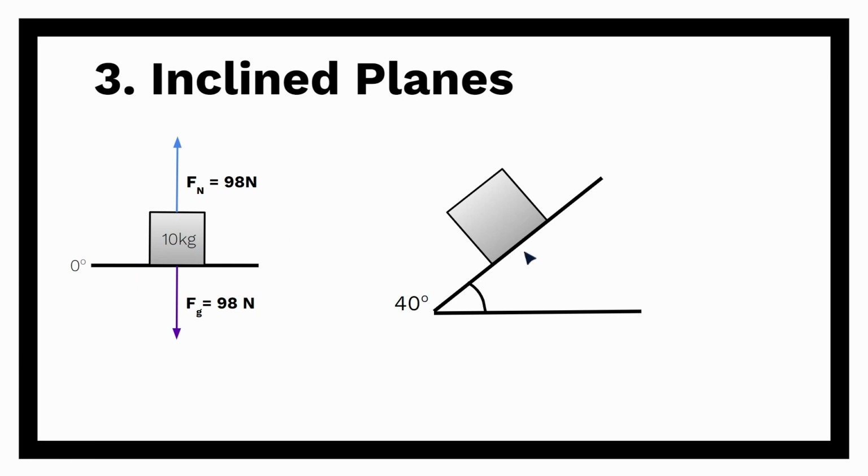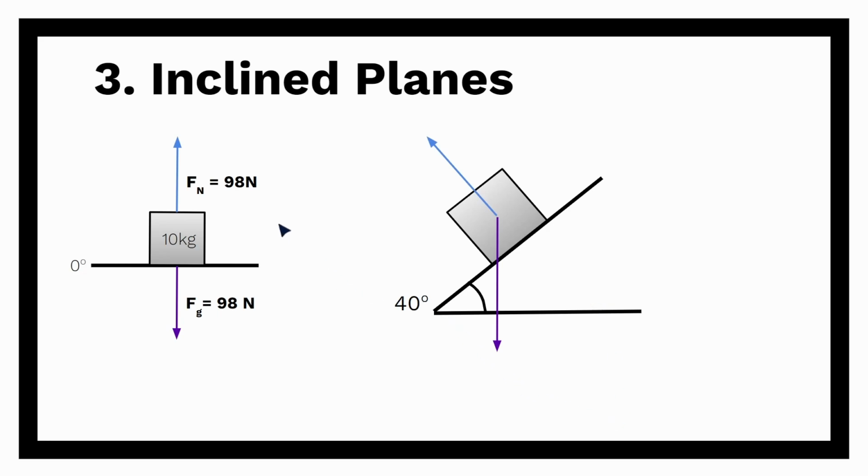So this crate is an unknown mass. I'll say it's bigger than the other one. And it also has the force of gravity. Again, I'll be using this purple for something very clear in just a second. And then the normal force.